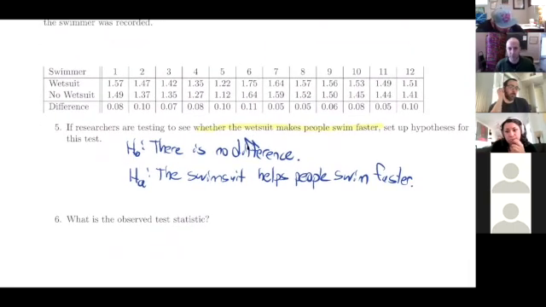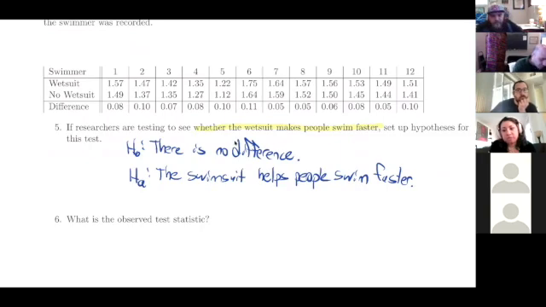Does that make sense? Those who said it makes a difference might have been thinking of whether the wetsuit made a difference one way or the other. But they particularly want to know, does it help them go faster? If it slows them down, then fine, you're welcome to wear it in the Olympics, right? But what we want to know is, is it going to help you swim faster?